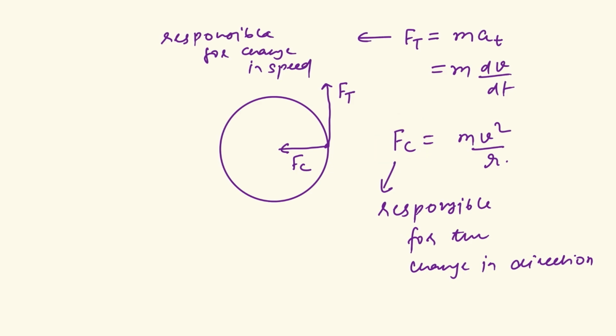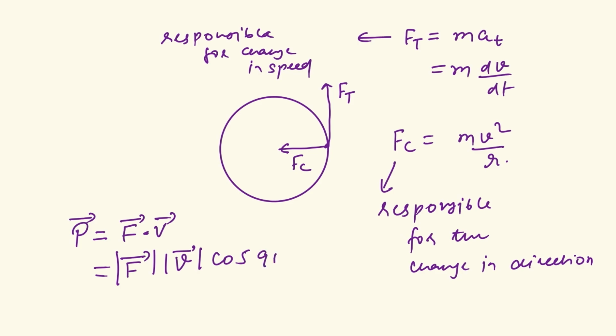What is the formula of power? Power is given by force dot displacement. There are two forces acting, the centripetal force and the tangential force. But the centripetal force is not doing any work, because the angle between the centripetal force and the velocity is 90 degrees.